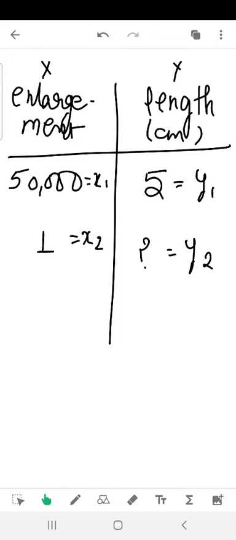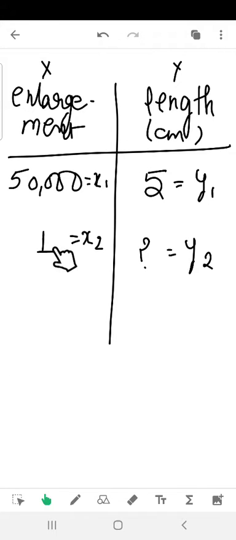Okay, so while reading and understanding this question, you can easily come to know that it is a problem of direct proportion. How? Because the enlargement done is directly proportional to the length.